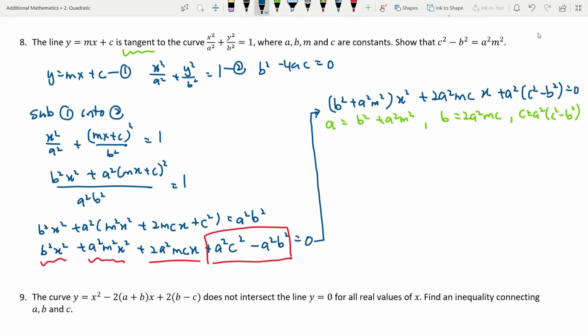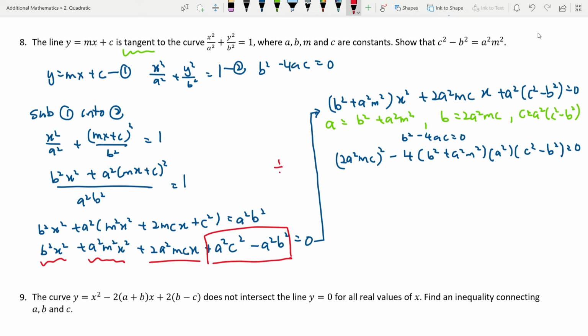We substitute all the values into b squared minus 4ac equal to 0. (2a squared mc) squared minus 4 times a times c equal to 0.